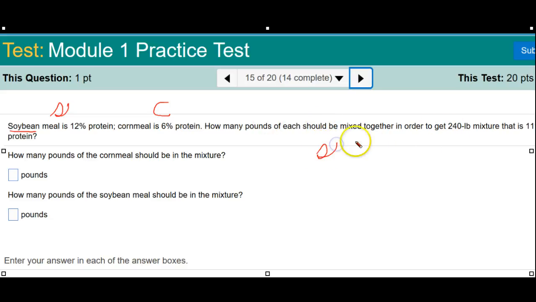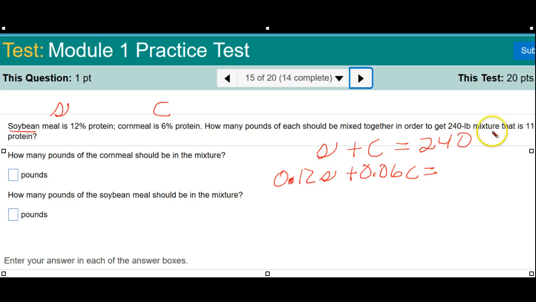So S plus C equals 240, and you have 12% here plus 6% equals, you want to end up with an 11% of a mixture that is 240. And there are your equations.